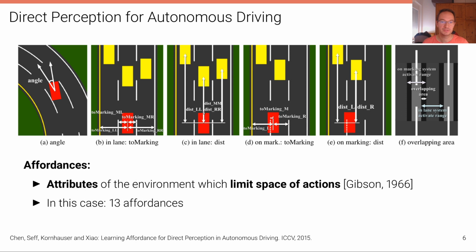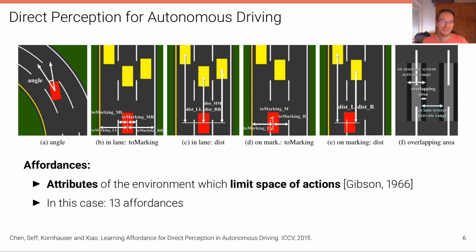It also measures the distance to the preceding vehicle in the current lane, the distance to the preceding vehicle in the left lane, and the distance to the preceding vehicle in the right lane, in order to decide how fast to go, when to slow down, and when to overtake.